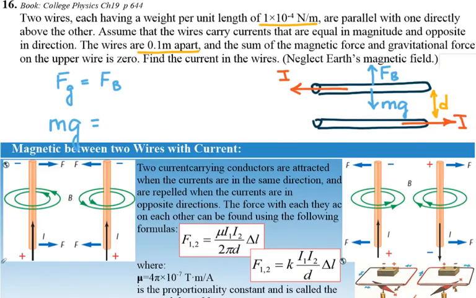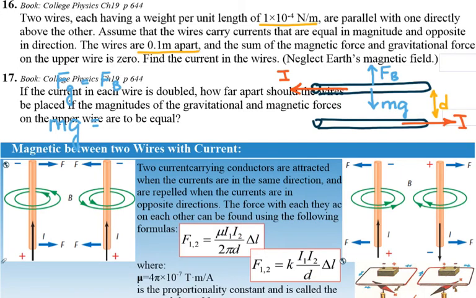If you remember from the previous videos, the magnetic field force between two wires is equal to mu divided by 2 pi, and then I have I1, I2, in our case it's the same I and I, divided by the distance between them, and times the length of those wires that are in contact.